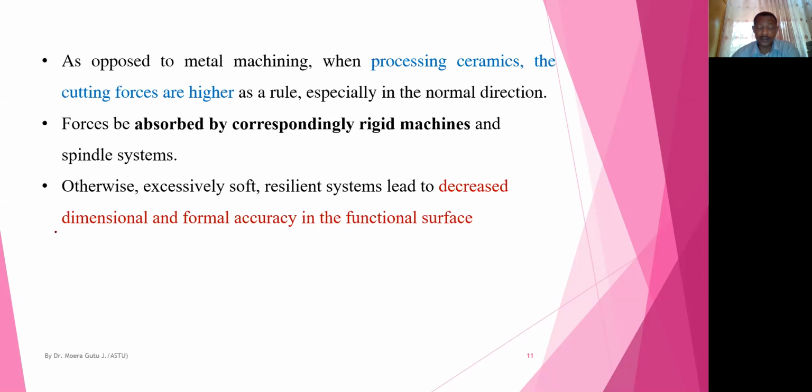If the machine is not very rigid and there is vibration, it can cause inaccuracy in machining, and you cannot maintain dimensional accuracy, and form accuracy is very low.